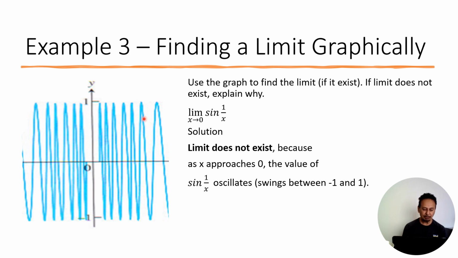Then if it's here, the height is 1. And now if it's here, the height is negative 1. So it looks like the function value swings between 1 and negative 1 as we move from the right towards 0. Similarly, the function value swings between 1 and negative 1 as we approach 0 from the left side. So the limit does not exist.